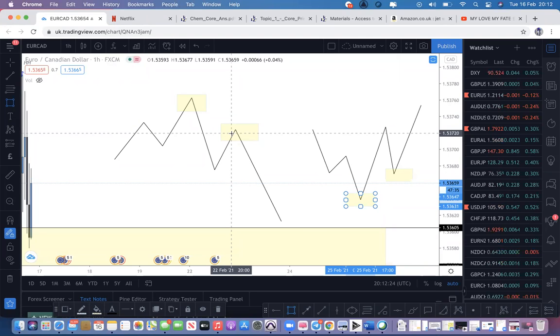Okay. So you draw everything, your support and your market structure, on the higher time frame, then go to the lower time frame. Yes. So you draw your support, your point of interest and everything on a higher time frame, and then you go on a smaller time frame.